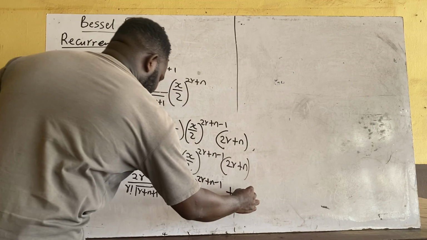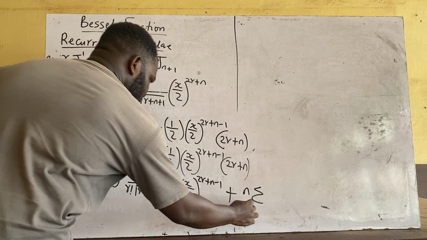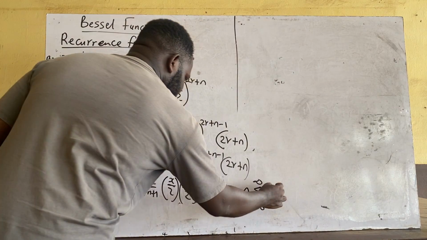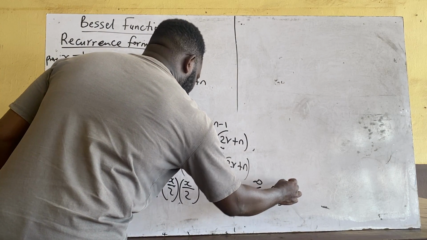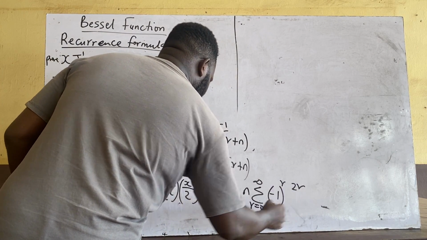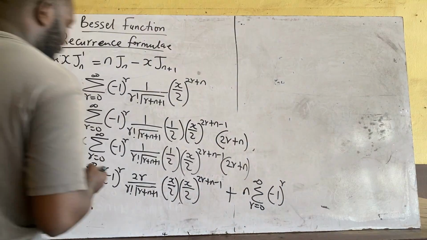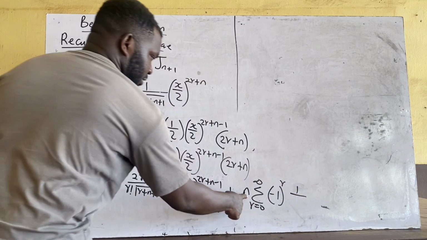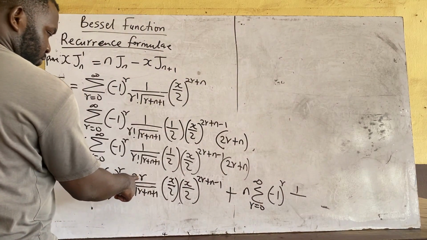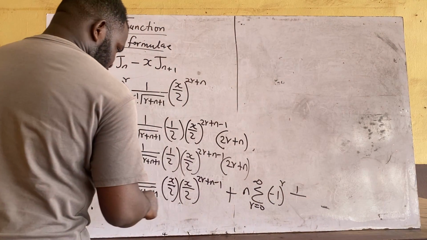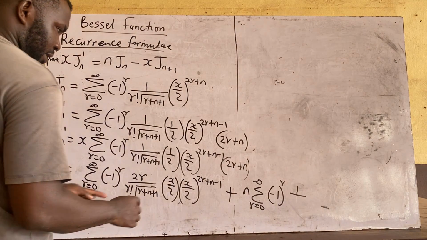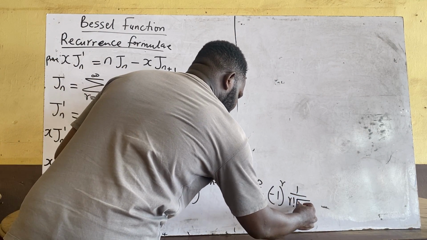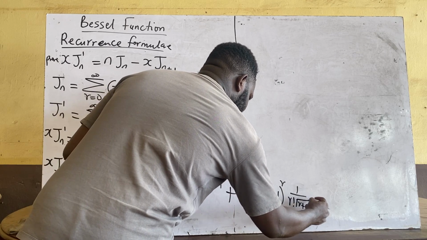So I'm going to have n, the summation of r starting from 0 to infinity of minus 1 raised to power r, then 2r on top. Sorry, n. There's no 2r on top. Rather, I'm going to have 1 over r factorial, because this n is here while the 2r was on top of the other one. Then the gamma function of r plus n plus 1.